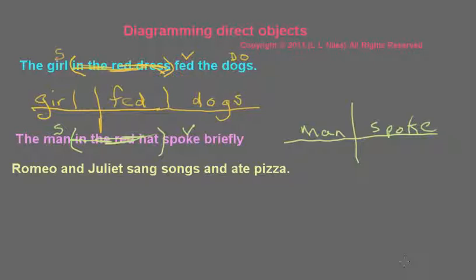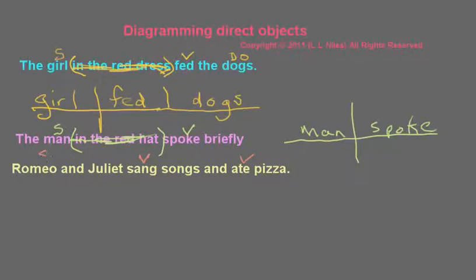Do we have any prepositional phrases? And we do not. There aren't any, so we don't need to get rid of anything. All right, what's the action? And we have two things. Sang and ate.